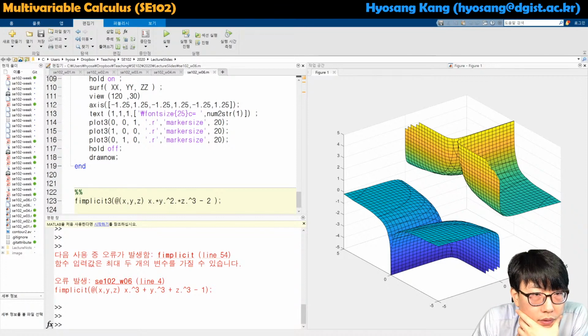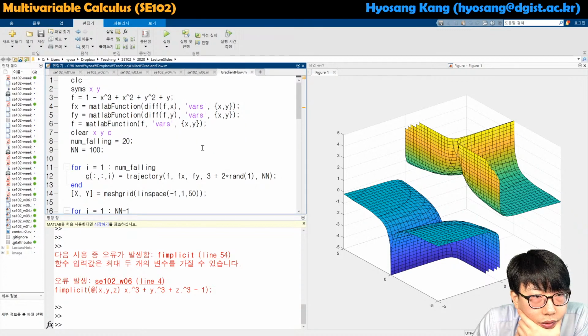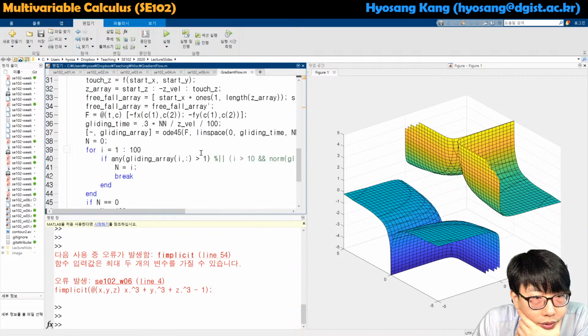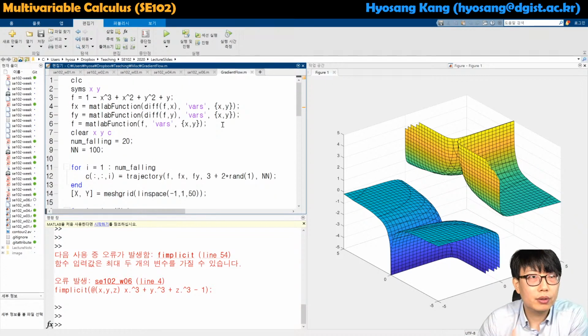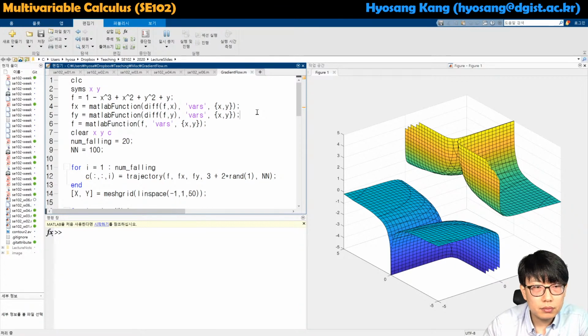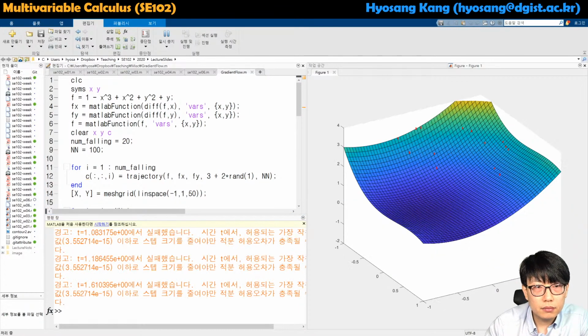Oh, here. Okay. It's that one. Not sure whether this works. Okay, well, it works. Can you see the red lines here? Red dots?